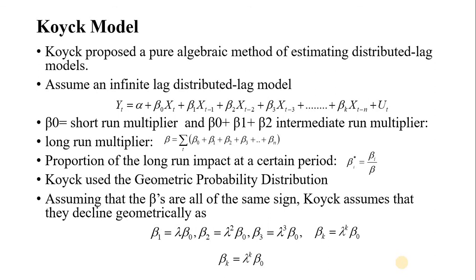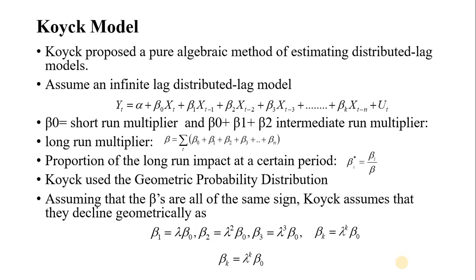Beta 0 is what? Immediate impact. So if beta 0 is a value, beta 0 into lambda will give you beta 1.